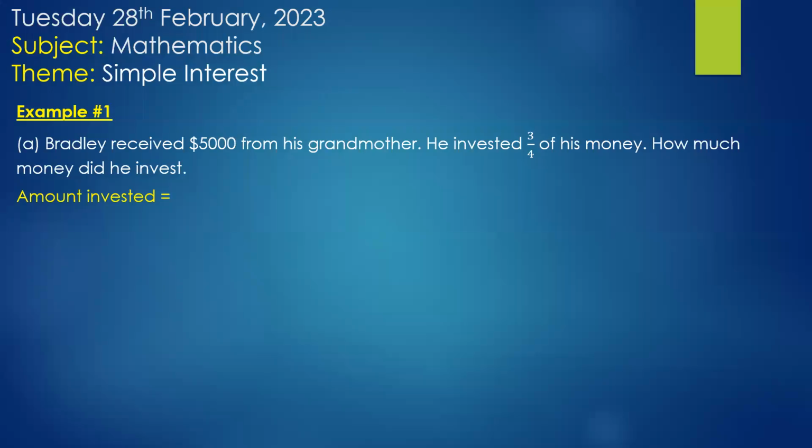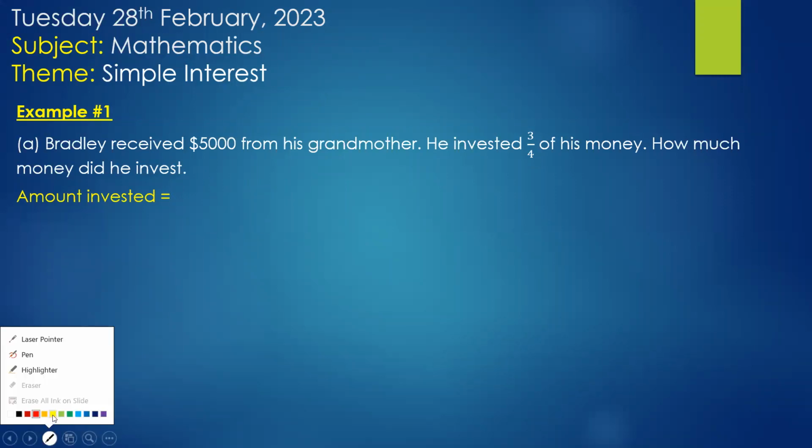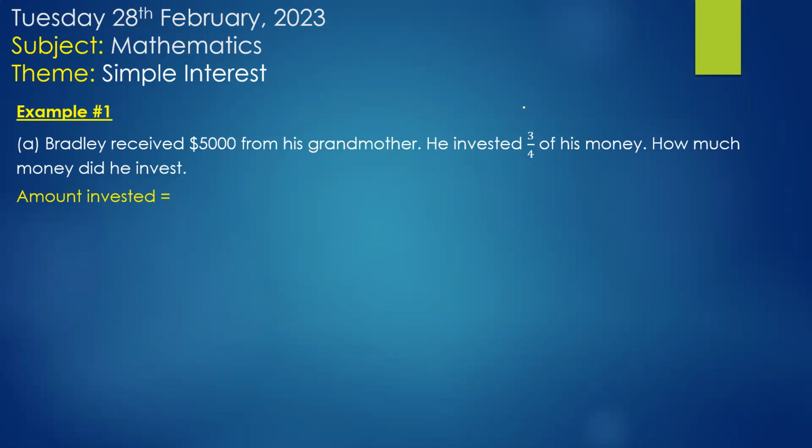So it says that he invested 3/4 of his money. Whenever we see "of", what do we know "of" means? Multiply.